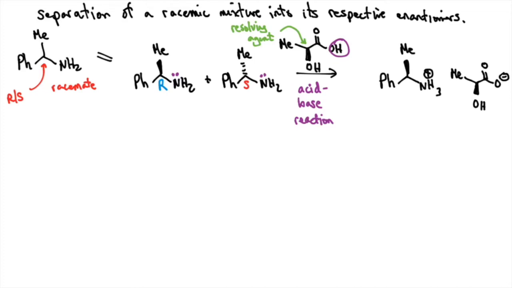And let's say our resolving agent has a stereochemistry at that alcohol of S. So this is S, and this is still R. We're going to call this salt here, it's kind of like having sodium plus and chloride minus. It's a contact ion pair. You can treat it as a regular sort of inorganic substance. We call this the RS diastereomer.